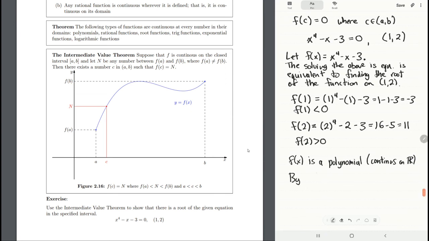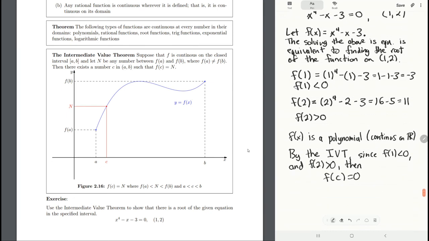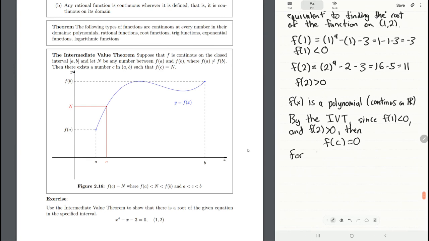So by the intermediate value theorem, which I will shorthand to IVT, since f of 1 is negative and f of 2 is positive, then we know that the function has to be equal to 0 for some value c within the interval from 1 to 2.